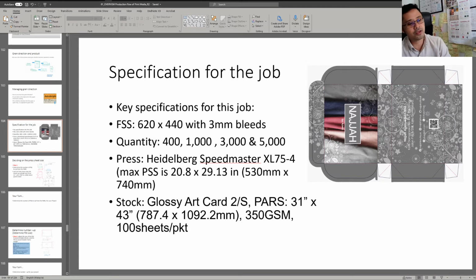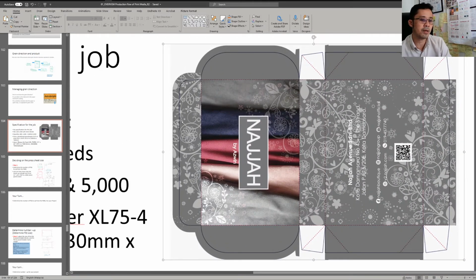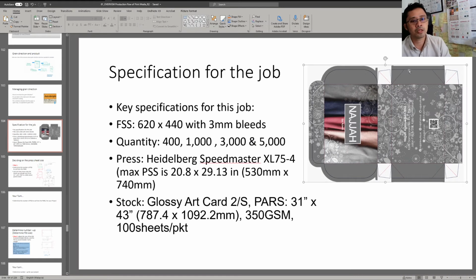So what I have here is this packaging. The size will be 620 times 440 with 3 mm bleeds. Ni bleed dia. So kalau awak nampak ni, kenapa dia besar sangat? Ni simulated lah supaya awak nampak bleed dia.